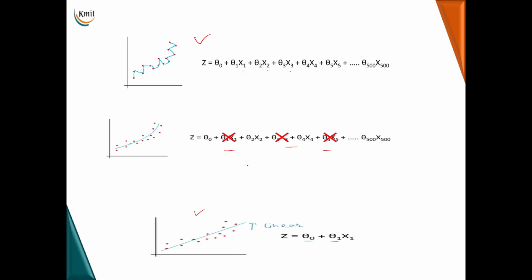And this technique of nullifying the effect of certain parameters during the training process, or nullifying the effect of neurons, is called regularization. That is the reason why we go for regularization, to increase the linearity in the model.